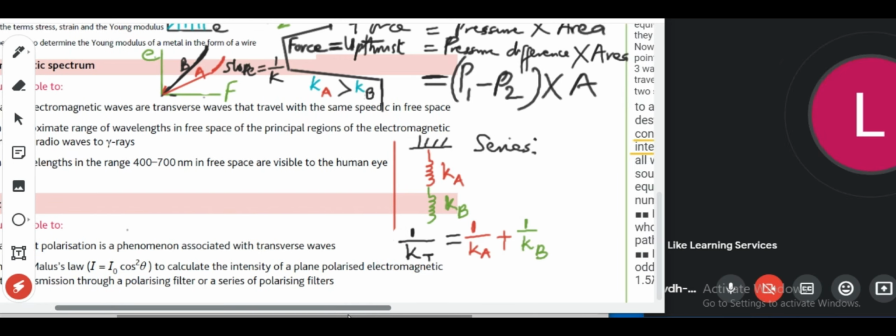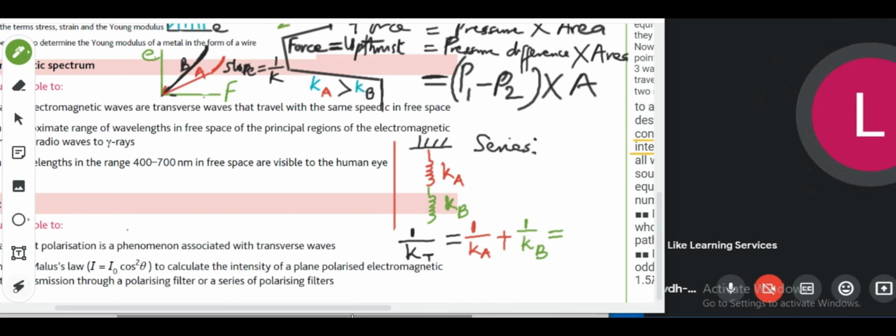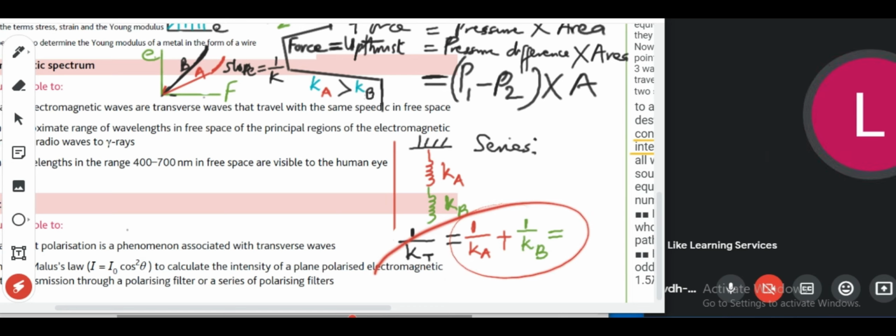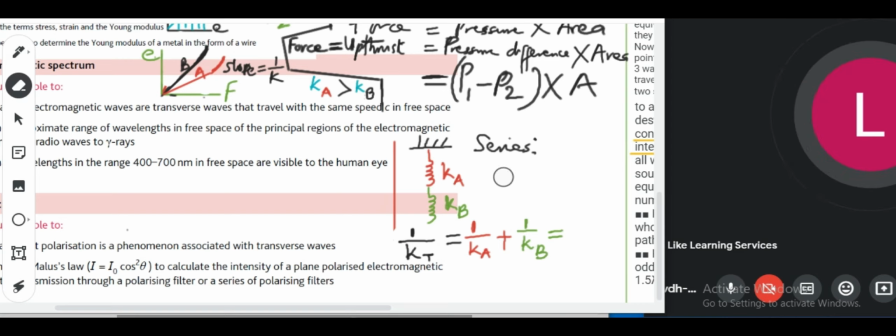In fact, this will give us product over sum if you have only two springs. If you have more than two, you have to apply this formula as it is.